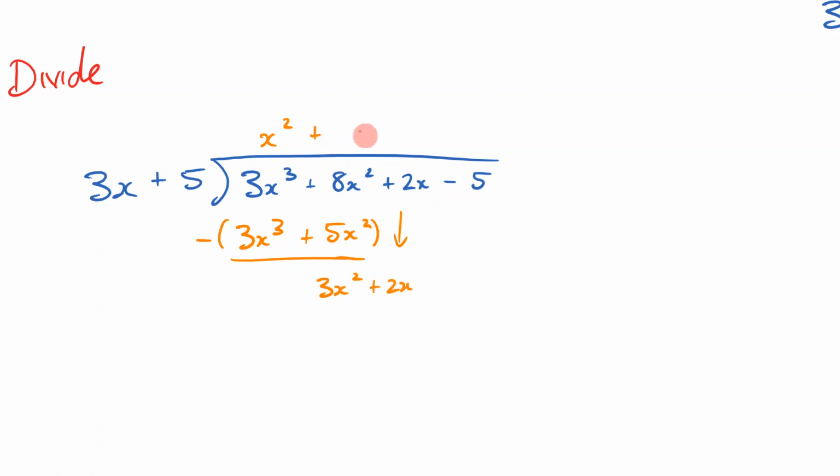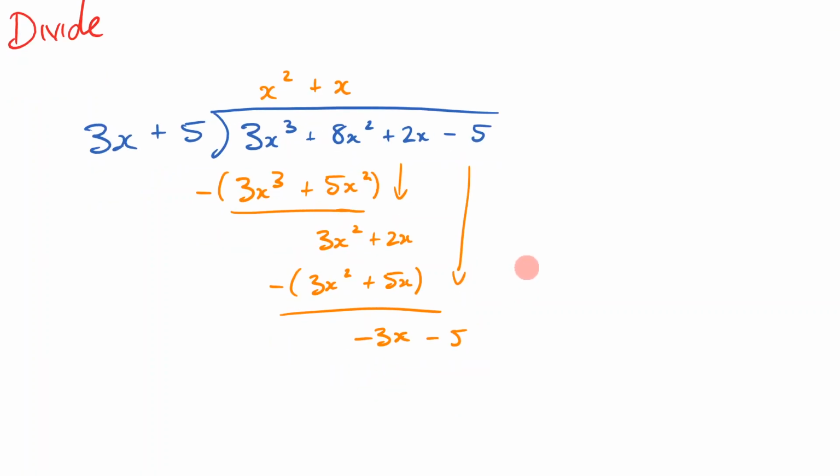This is going to be x, this is going to be 3x squared, this is going to be plus 5x, subtract, this is going to be 3x minus 3x. Then I carry down this minus 5. This is going to become -1 because -1 times that is -3x minus 5. That minus, that's going to be 0.